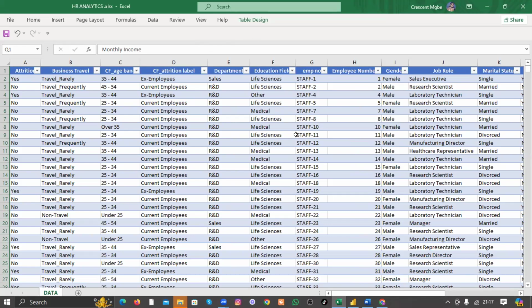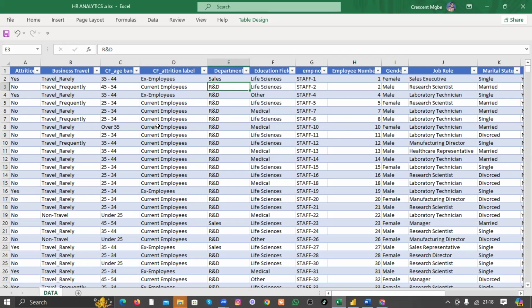So this is a hospital. We are working for a hospital right now, because research and development here talks about clinical research, people in charge of pharmacies, doing medical research to improve the healthcare system, improve patients' health and well-being. So this is clearly a hospital, and this is the HR of a hospital.